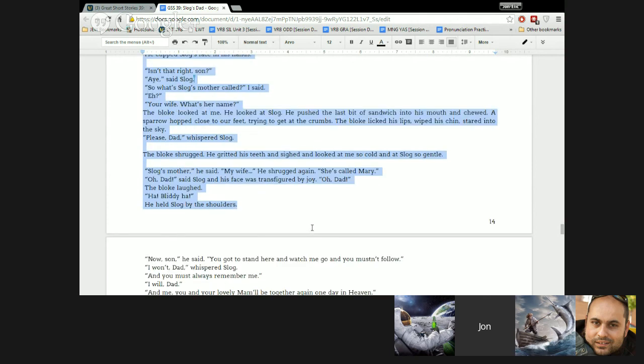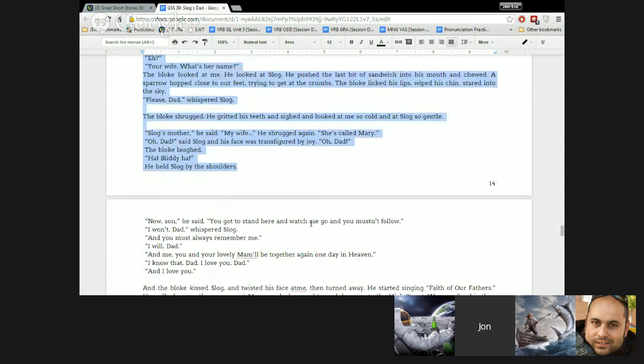He gritted his teeth and sighed, and looked at me so cold, and at Slog so gentle. "Slog's mother," he said. "My wife." He shrugged again. "She's called Mary." "Oh, Dad," said Slog, and his face was transfigured by joy. "Oh, Dad." The bloke laughed. He held Slog by the shoulders.